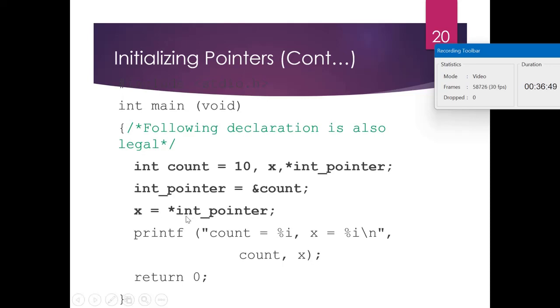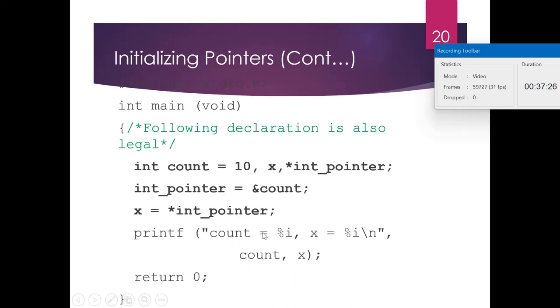X equal this asterisk int pointer. Here int pointer value is the address of this count variable. Asterisk int pointer means the value of the count variable. Okay, you can see this asterisk mark. Asterisk operator we can use to get the data part of this pointer variable.